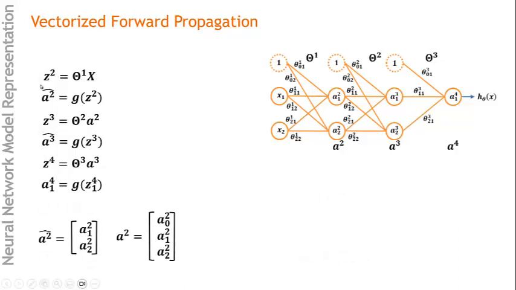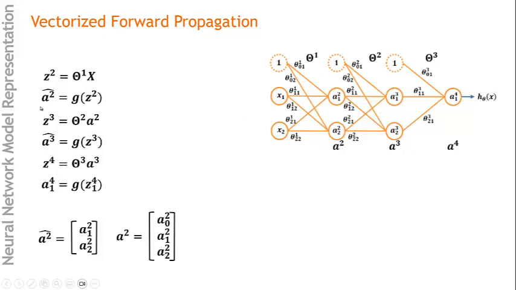Now, the reason for the hat here is that this A2 is this A2 hat with the A2 0 added. What is A2 0? Well, A2 0 is always 1. It's because you always add a 1 to the other nodes as a separate node.